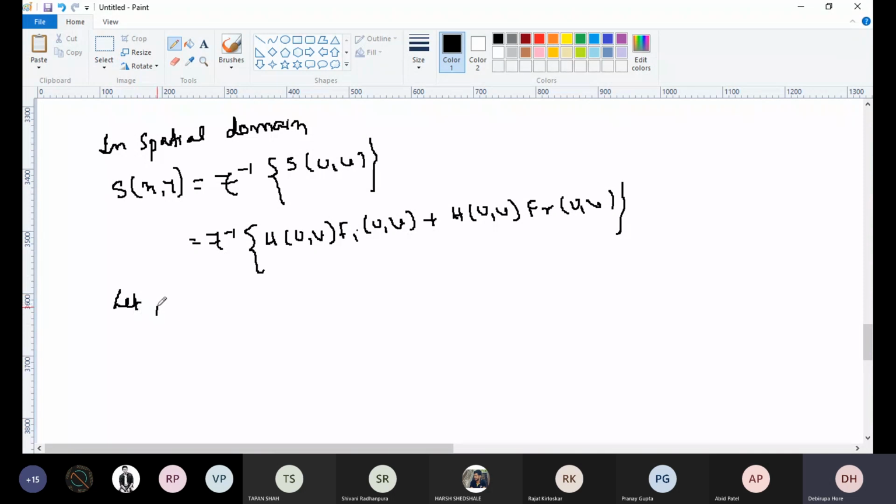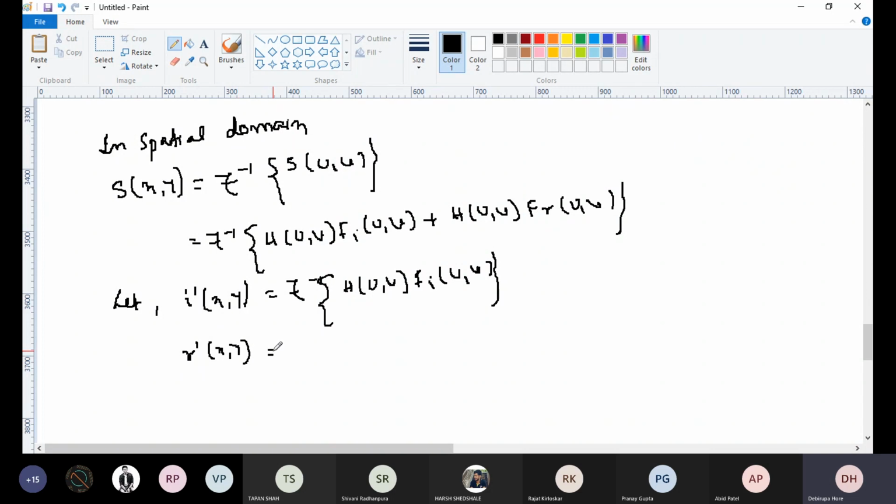Now let I dash x y be equal to Fourier inverse of h of uv F of I uv, and r dash x comma y be equal to Fourier inverse of h of uv F of r uv.